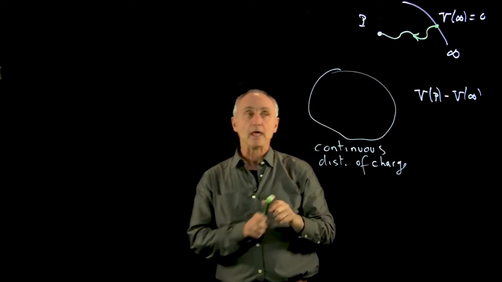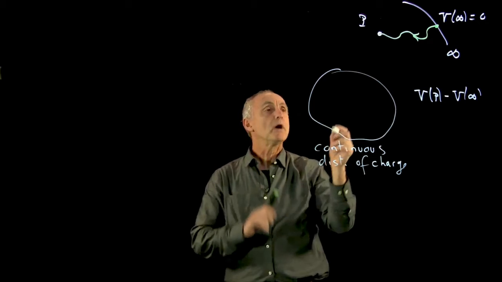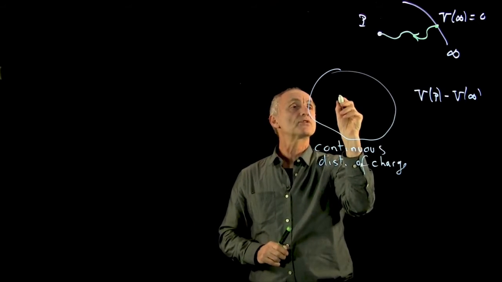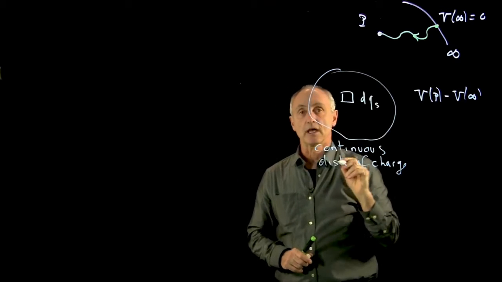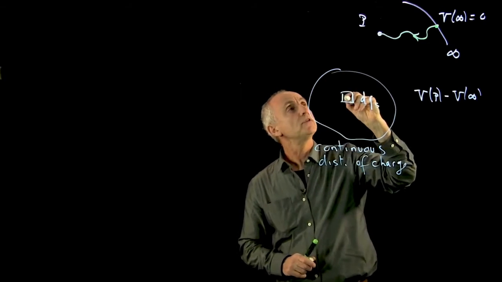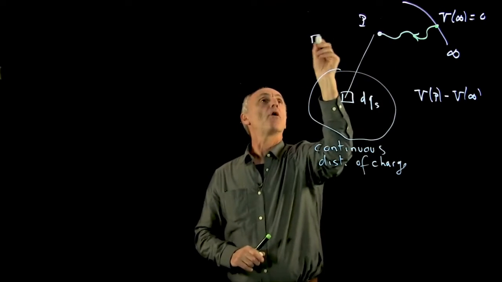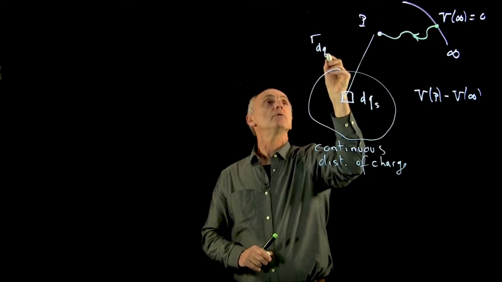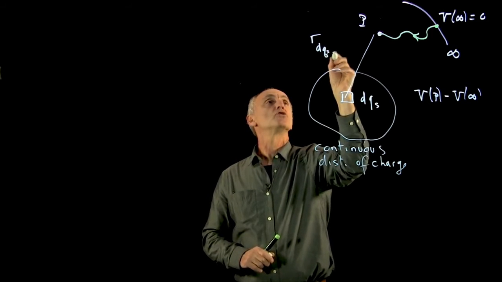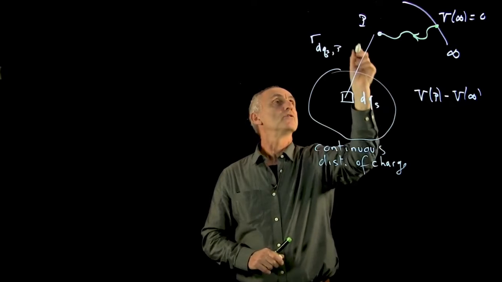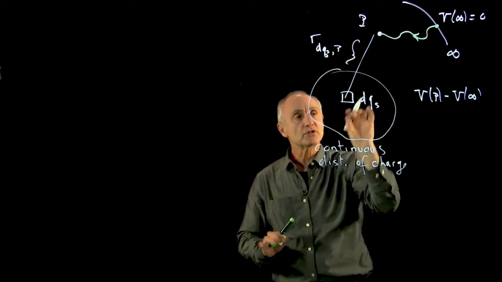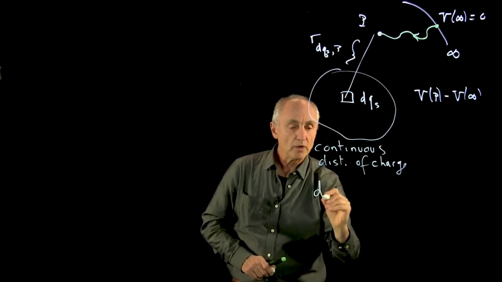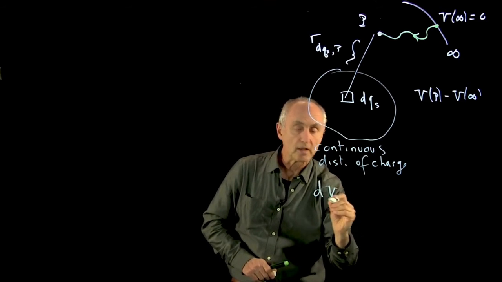But we've already done that in the following way. Imagine that we divide the source up into small pieces, dq's. And this small piece is a distance r_dq from the source to the point P. So that's that distance there. Then for just that test charge, we've already calculated this integral.